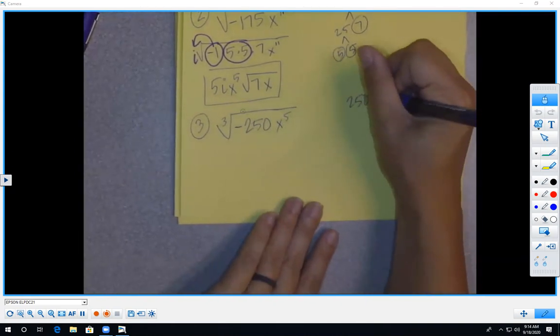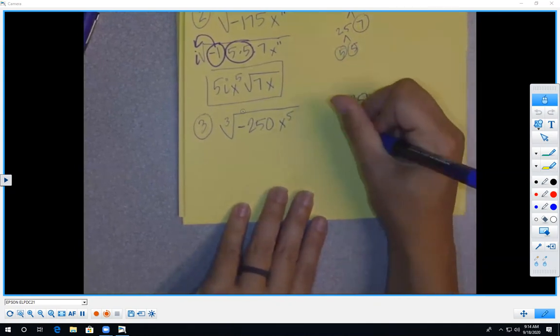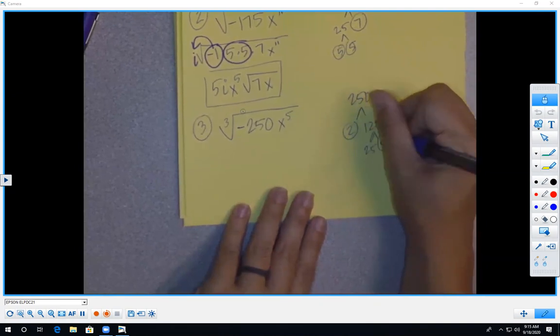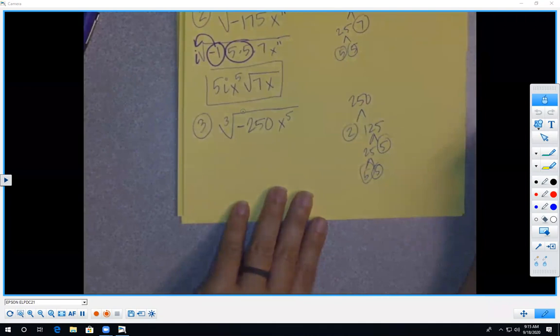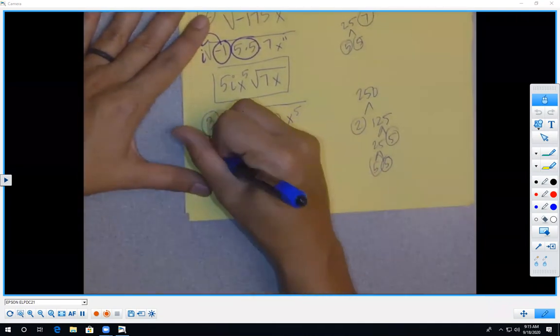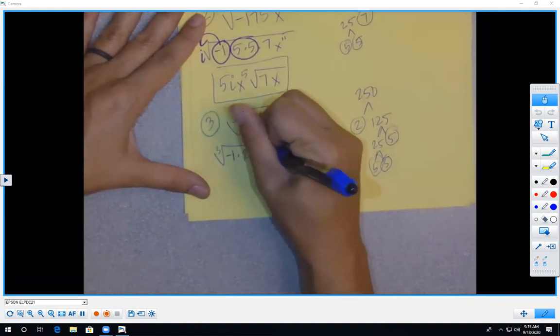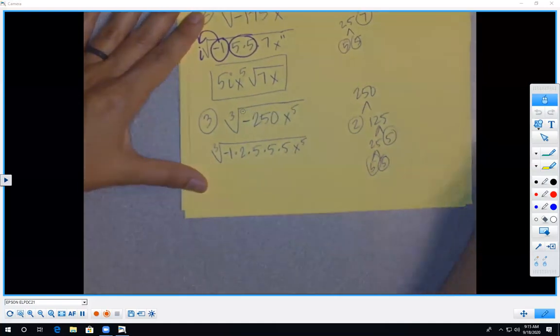So when you break down 250, you should get 3 5s and a 2, right? And then it's going to be -1 times 2 times 3 5s. And then 5 x's, or you can just write x to the 5th.